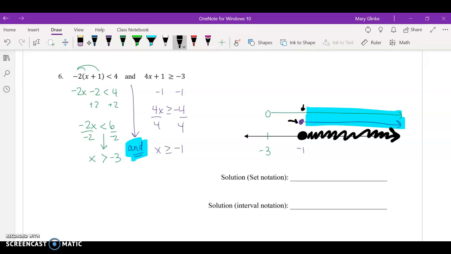If the bottom one was an open circle, it doesn't work in both of them then, so it would be an open circle overall. So my solution in set notation is x such that x is greater than or equal to -1. In interval notation, it's -1 with a bracket, comma, infinity, because it's shaded to the right.